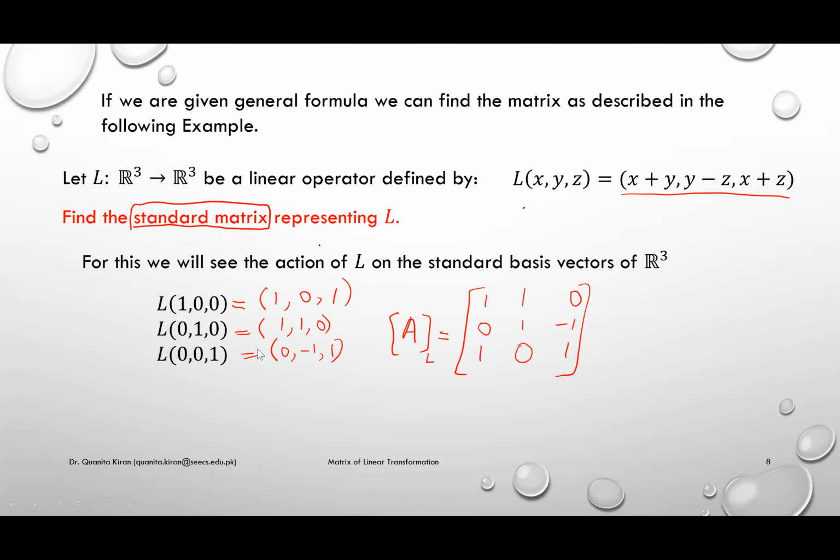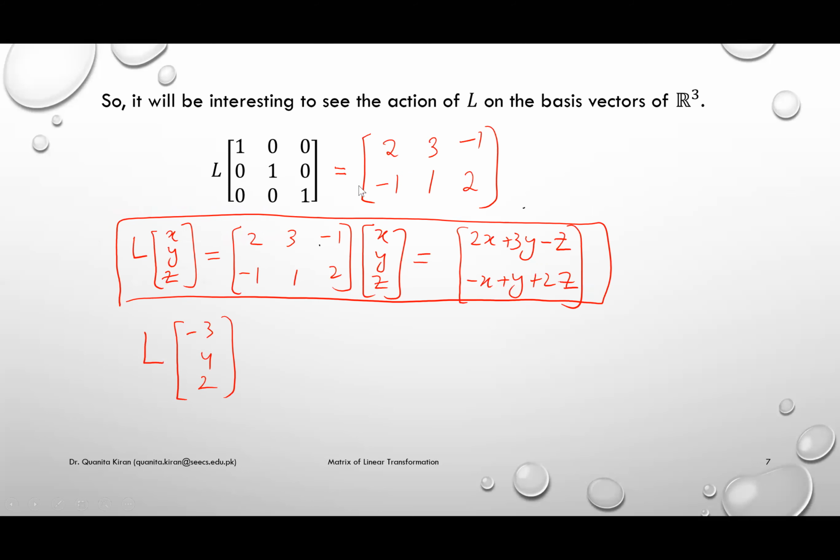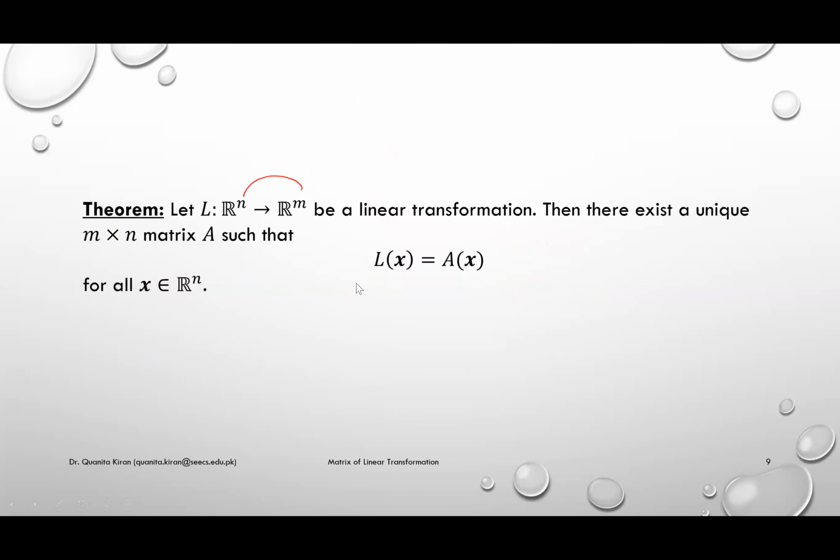In the previous example, the linear transformation L is from R3 to R2, so the matrix is 2 cross 3, with 2 rows and 3 columns. So this result tells us that if we are mapping Rn into Rm through a linear transformation L, then the matrix has dimension M cross N.